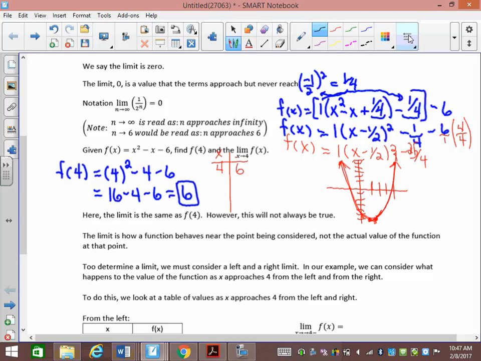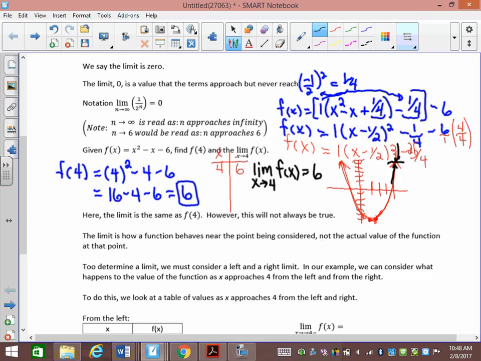So on the left-hand side, as I'm approaching 4, what value am I approaching for the y? 6. The right-hand side, what value am I approaching? 6. So the limit as x approaches 4 of f of x is 6.